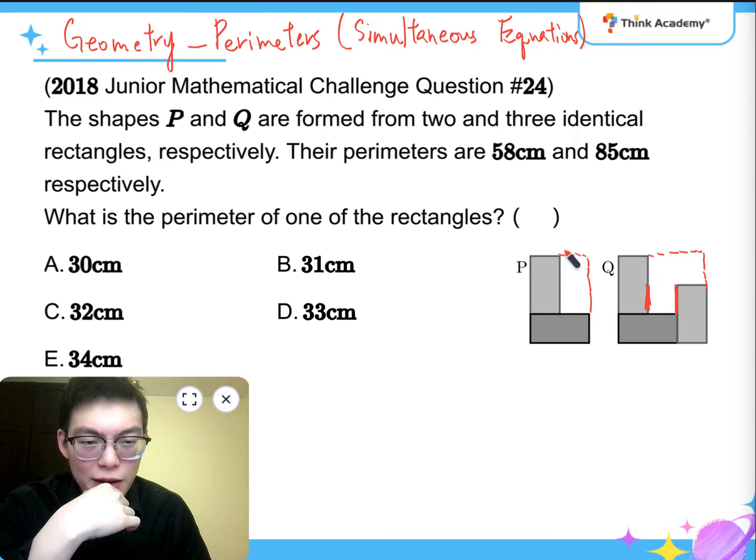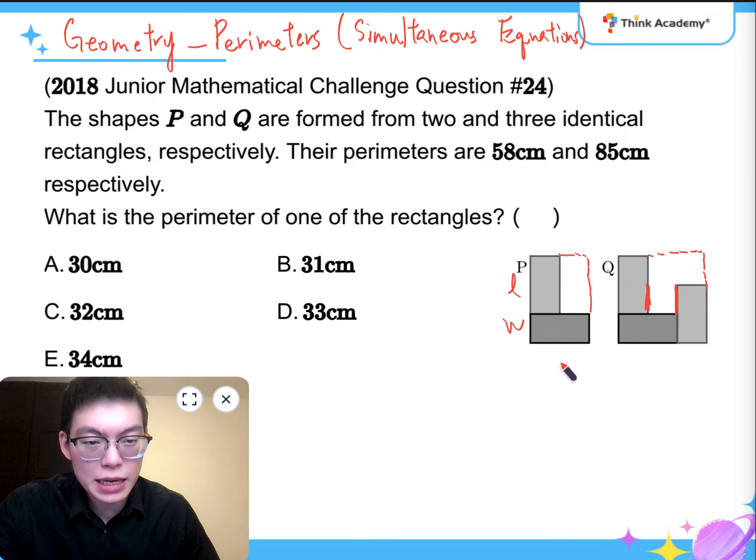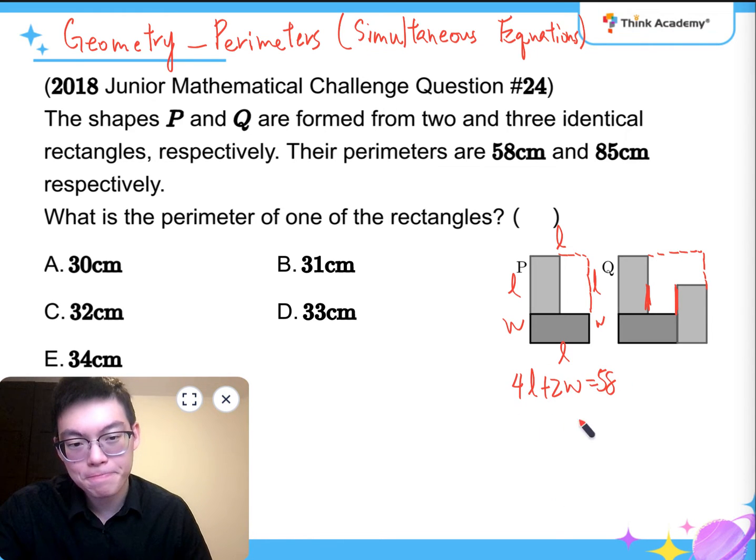For the first one, after popping it up, I know that a length is a length adding a width of the small rectangle, and a width of this rectangle P is going to be a length of the small rectangle, right? So altogether, I can say that 4 lengths and 2 widths is equal to 58, right? That's the perimeter of P.